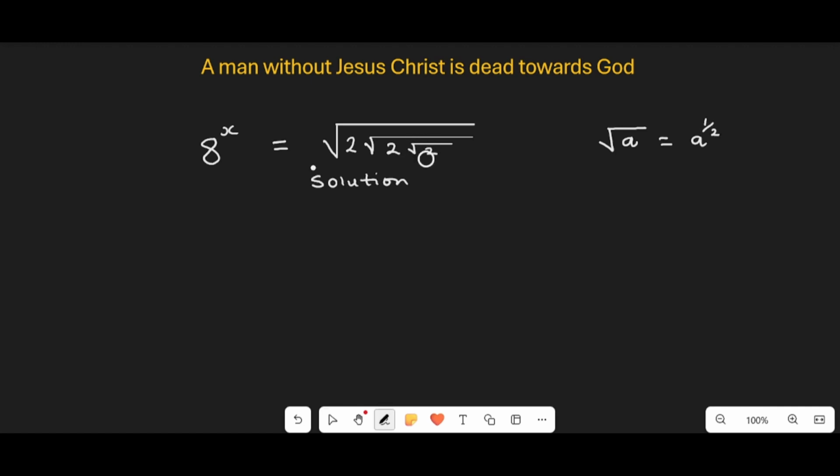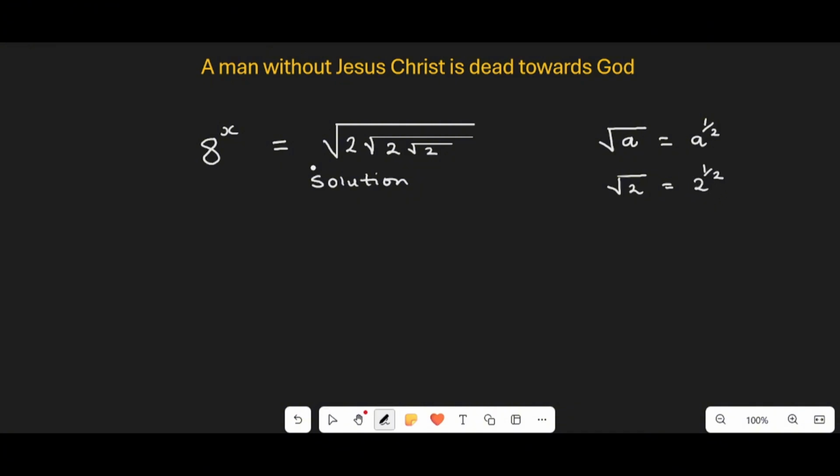Now let us simplify this innermost square root. That means square root of 2 is equal to 2 raised to power 1 over 2. So let us replace this with this.